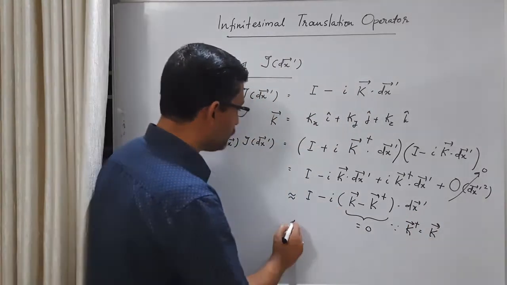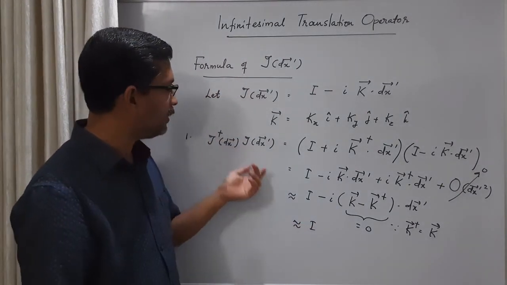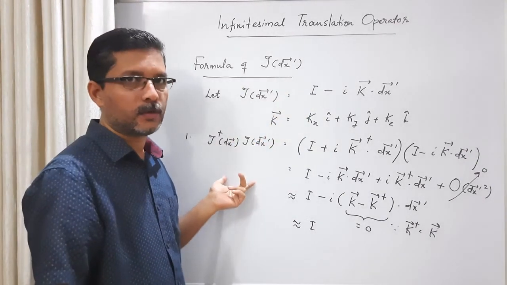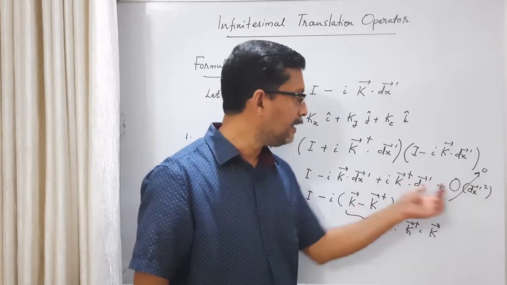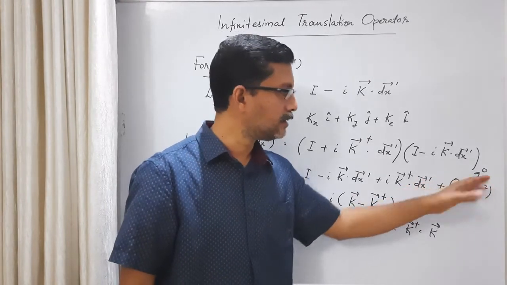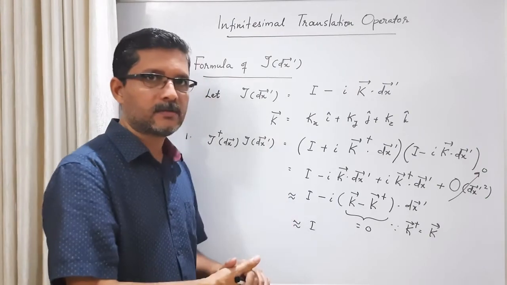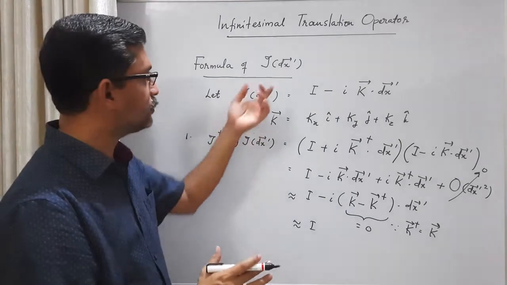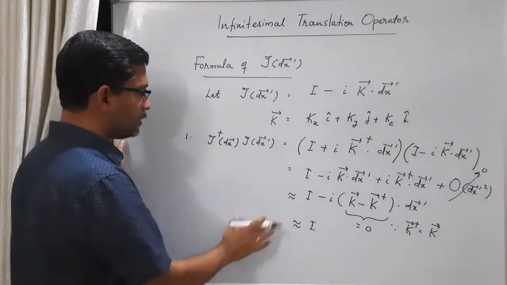Since this is 0, what you get is identity. So I dagger I is identity. In other words, I defined like this is a unitary operator. But remember that this definition is valid only up to linear terms in dx prime. We have neglected quadratic terms in dx prime, so this is an approximate formula, true up to linear order in dx prime. So this condition is satisfied.